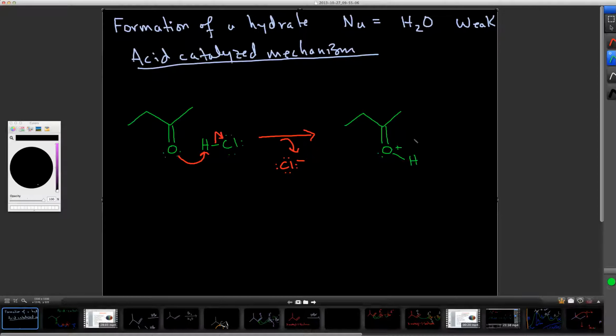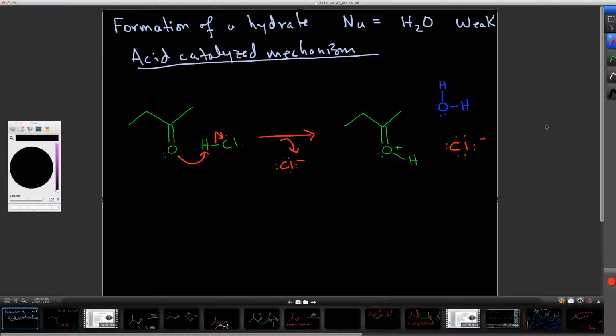And at this point, again, we have a competition for nucleophiles. First of all, we have the water molecule. The water molecule is a weak nucleophile. We also have in solution chloride ion, also a weak nucleophile.